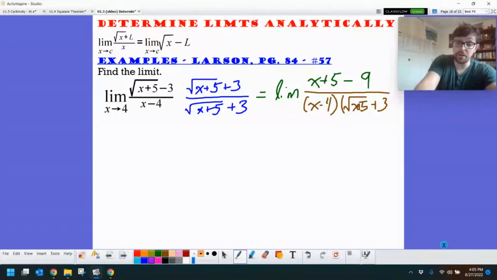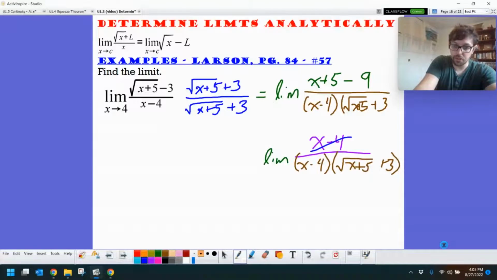That numerator, and here's why, becomes an x minus 4. Ooh, that will cancel with my denominator. Just like that. So now I have the limit of 1 over the square root of x plus 5 plus 3, as x is approaching 4.